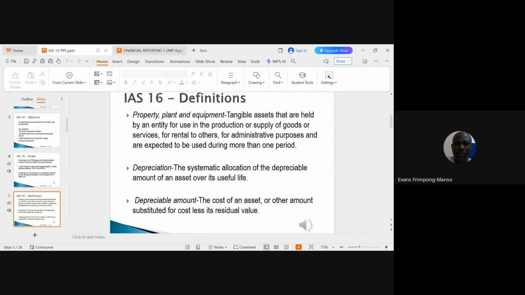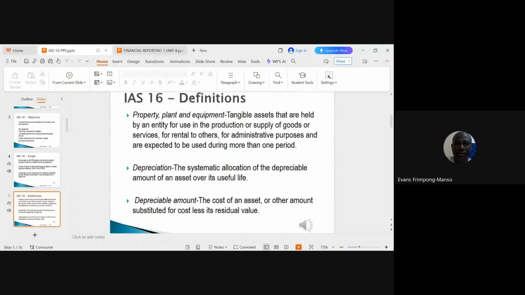The reason why we call them non-current is that we can use them for more than one accounting period. It means that the asset's lifespan extends more than one period. So we say they are non-current assets and they are tangible.